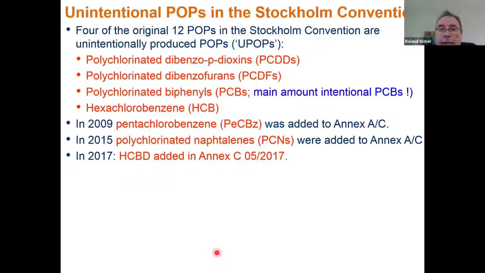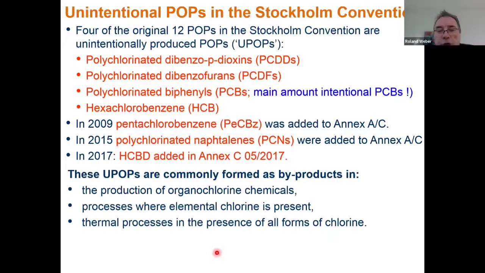The same with hexachlorobenzene. And then in the last 10 years, more unintentional POPs were listed: pentachlorobenzene, polychlorinated naphthalenes, and hexachlorobutadiene. So today we have 7 different unintentional POPs groups listed.